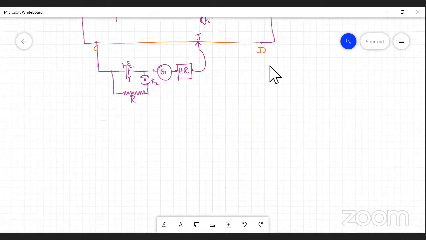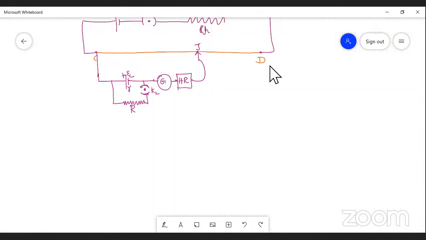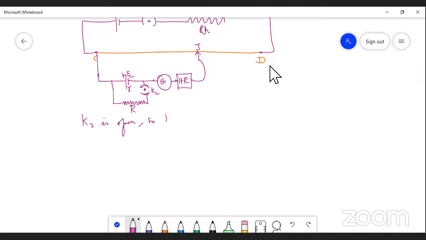So in order to do that, you can just go step by step. First, is to remove the key K2. The key K2 is kept open. K2 is open. So R is not included in the circuit.